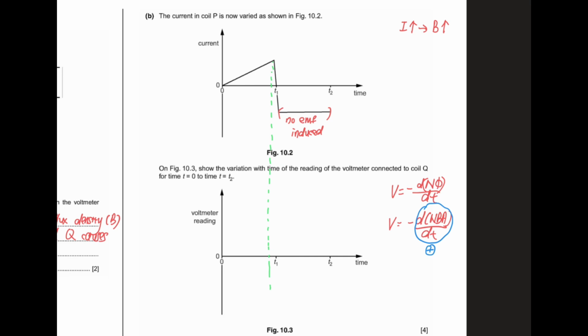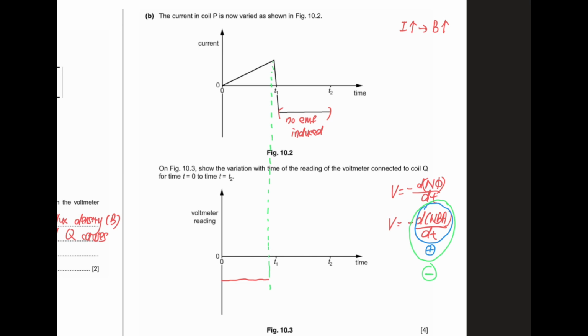What value, don't know, but no need to care actually. So just draw a horizontal line. Now, here to here, the gradient is negative. So imagine when this thing is negative, then there is another negative in front to make it positive.